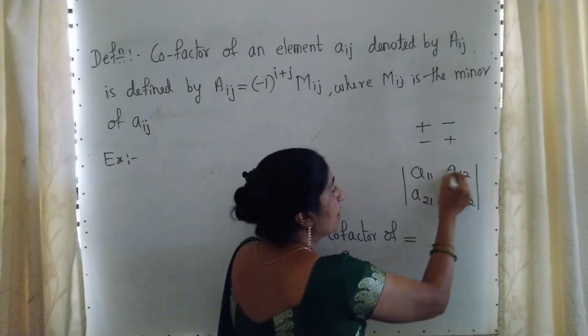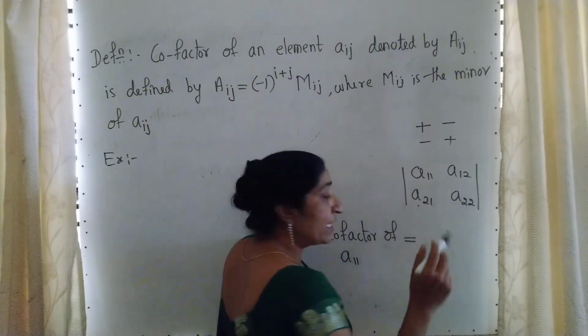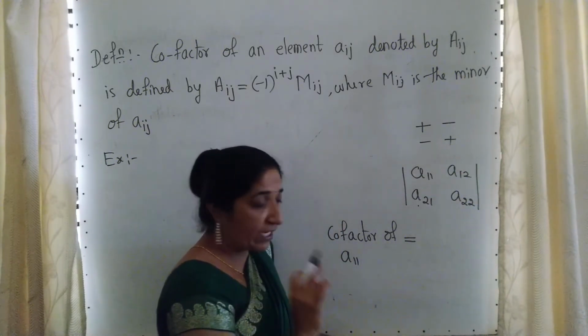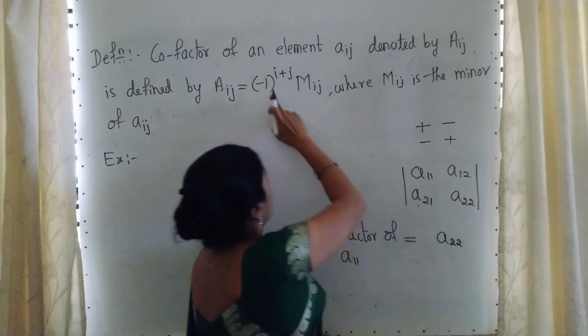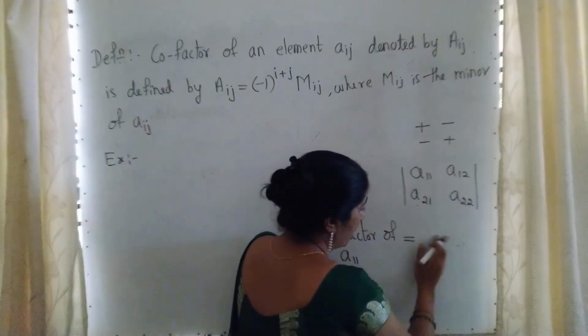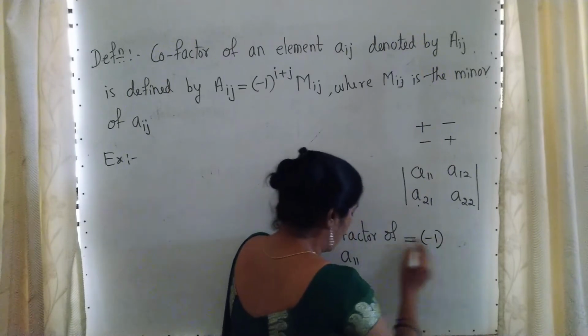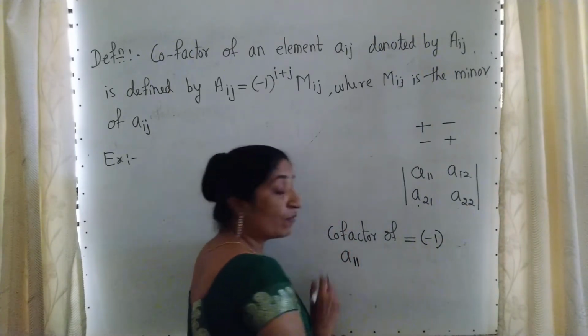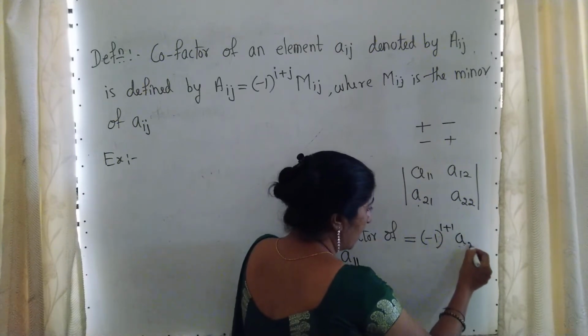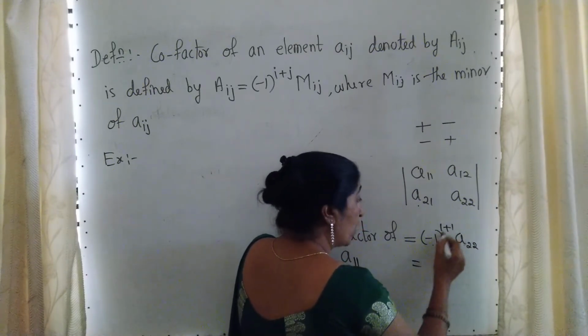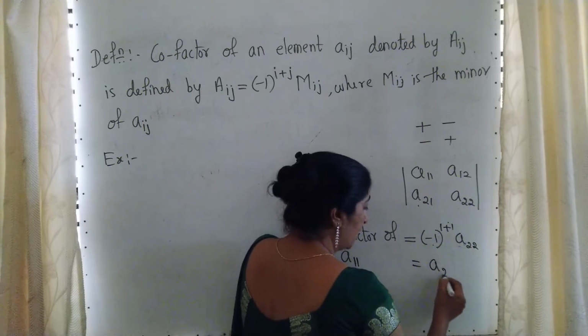It lies in first row and first column. You will leave that. What is remaining? Only one element is remaining, that element is A22. Before that we have to write minus 1 raised to i plus j, that is 1 plus 1. It is A22. Minus 1 squared is plus A22.